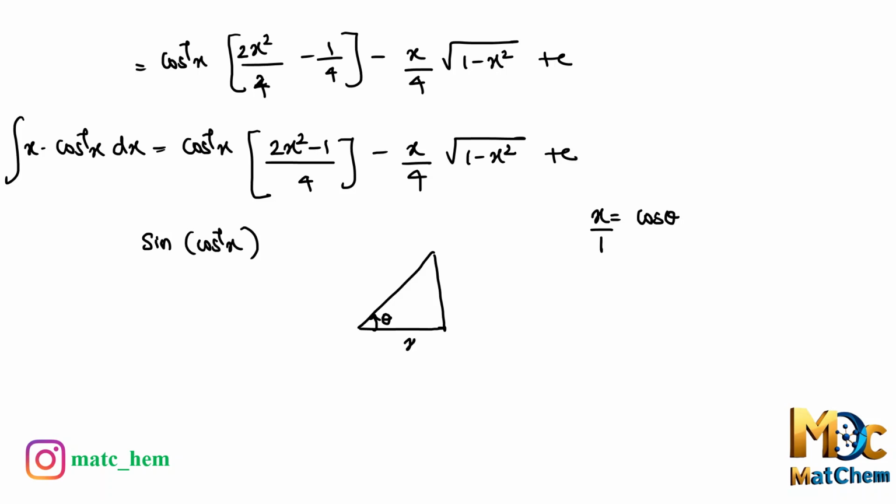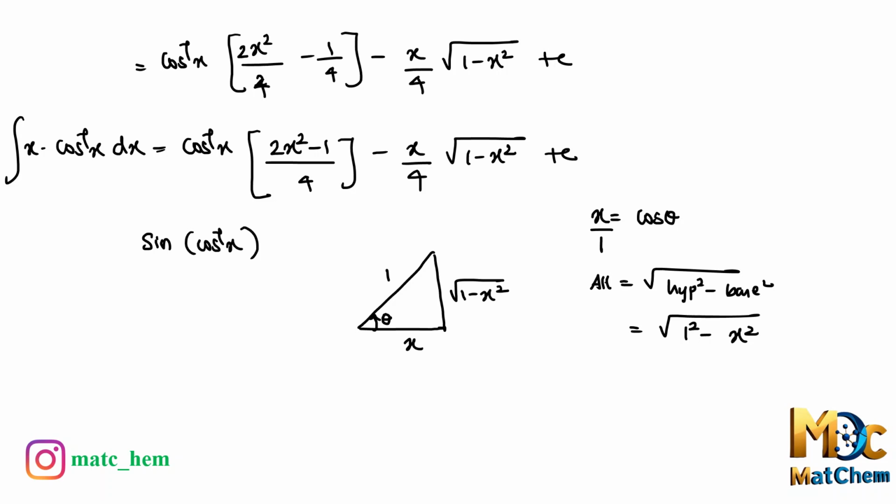According to Pythagoras theorem, base square plus altitude square equals hypotenuse square. Therefore, altitude can be calculated as square root of hypotenuse square minus base square, which is square root of 1 square minus x square, that is square root of 1 minus x square.